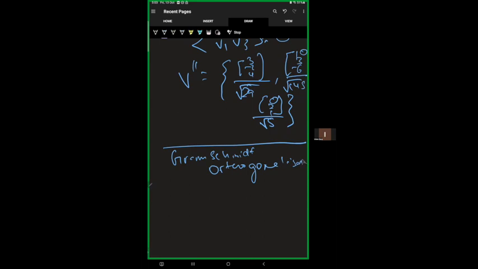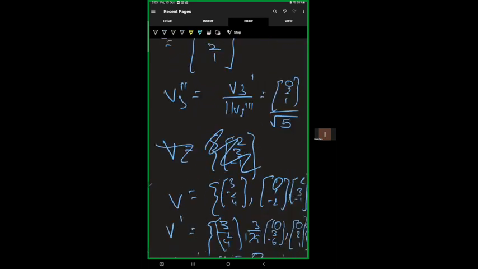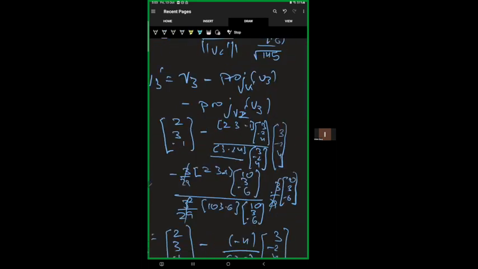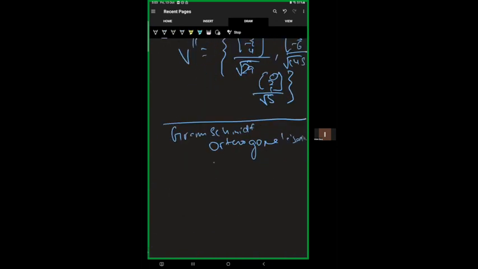It is to be noted that here we could apply the numerically stable version of the Gram-Schmidt orthogonalization.